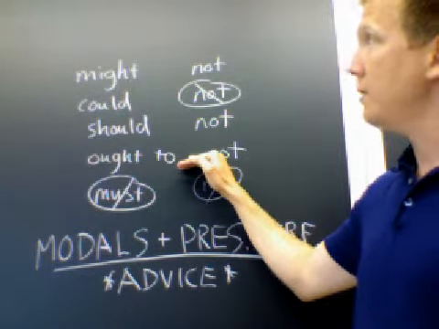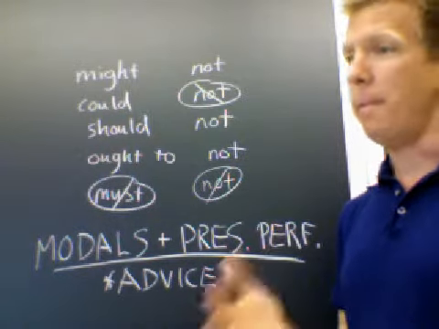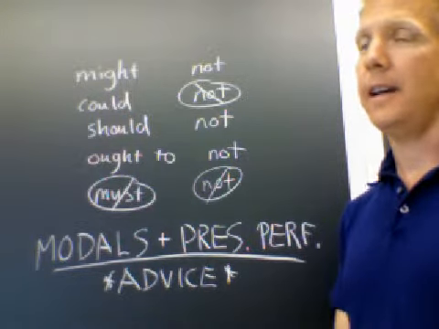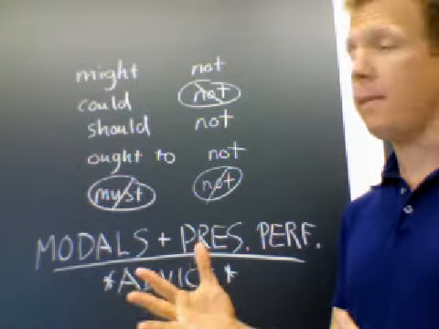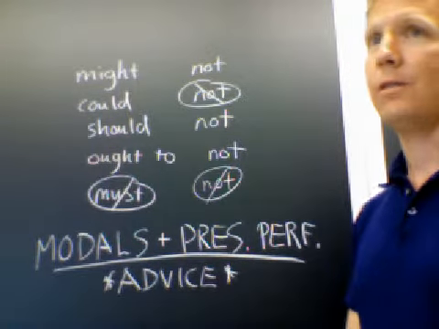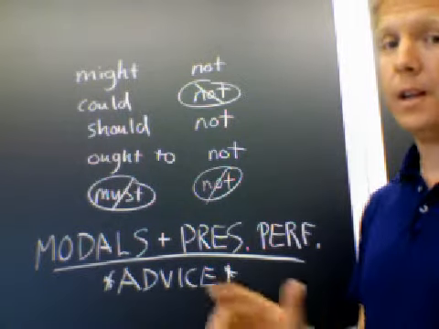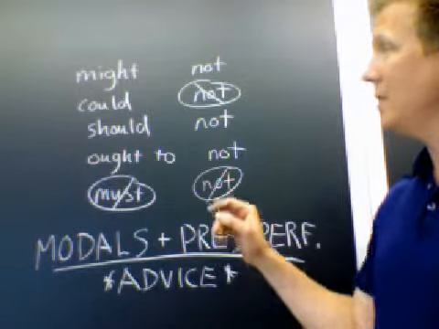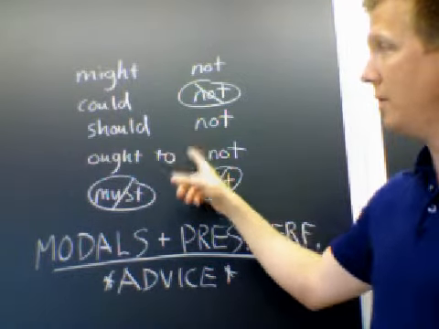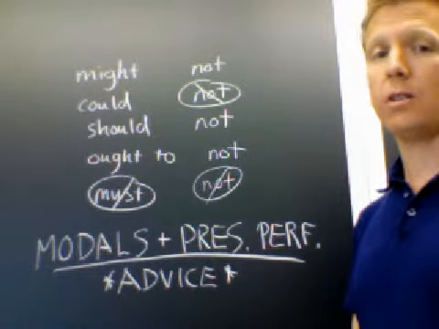So if my friend gets a bad grade on the test and they say, I might give advice, and I might say, oh, you might have studied harder, or you could have studied harder. Okay. But if I say, you should study harder, or you should have studied harder, or you ought to have studied harder, that's much stronger advice.